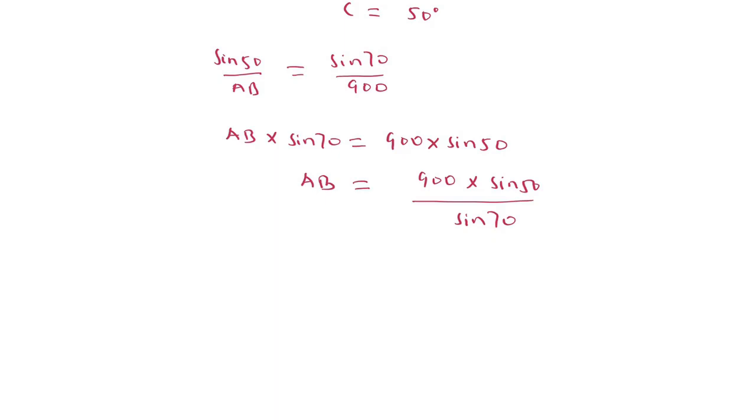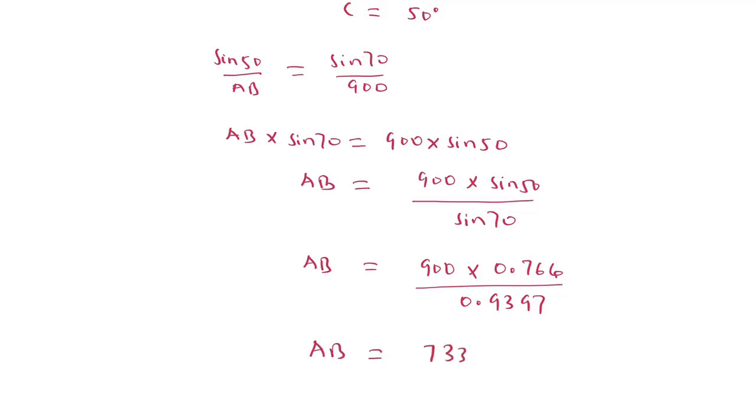Our equation is going to be AB equals 900 times 0.766 over 0.9397, of which after solving the values we are getting AB equals 733.64. Then house A is 733.64 meters from house B.